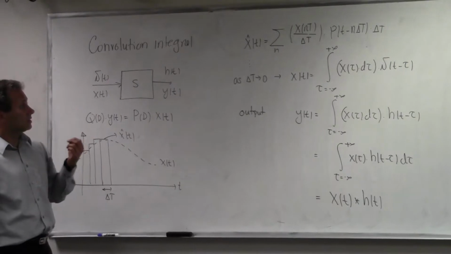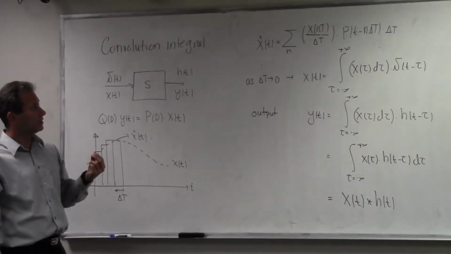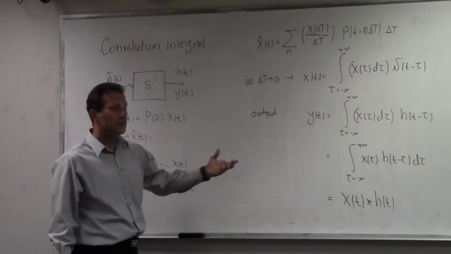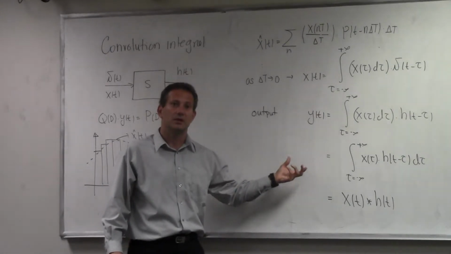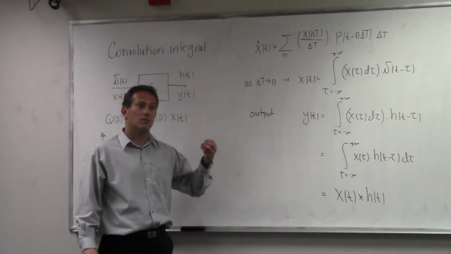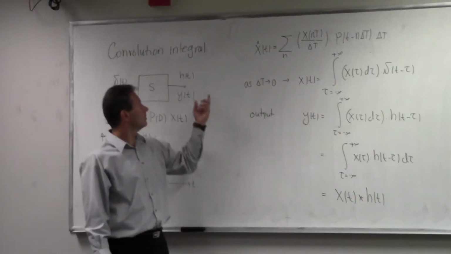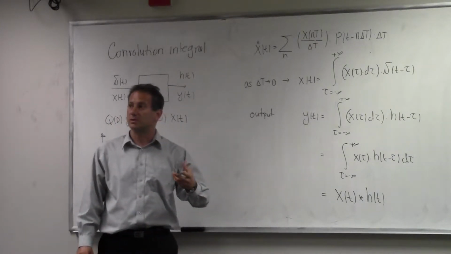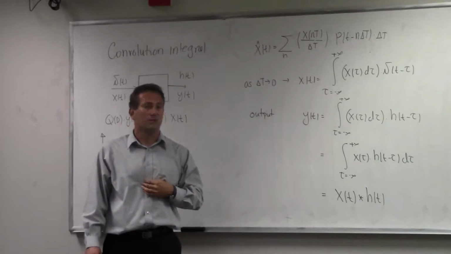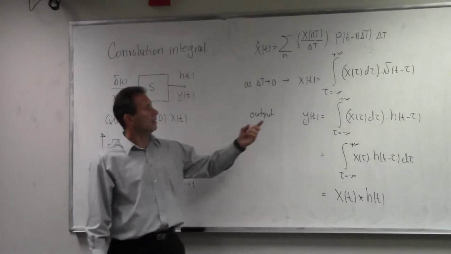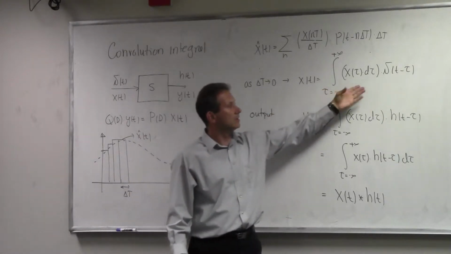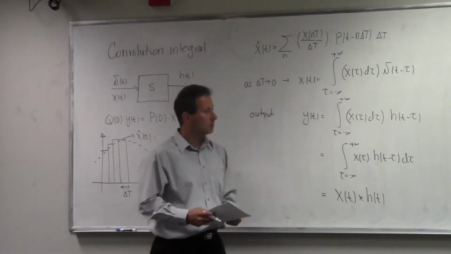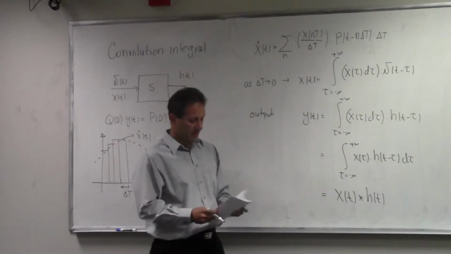So you can understand the convolution integral as essentially a manifestation of superposition. It tells you that the output of this system is going to be the summation of all the impulse responses coming from your input signal. The input signal can also be seen as a bunch of impulses coming one after the other.